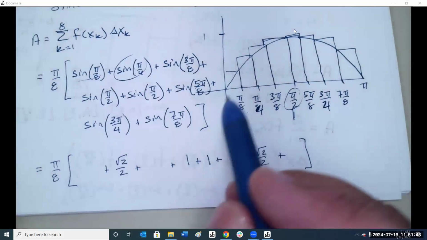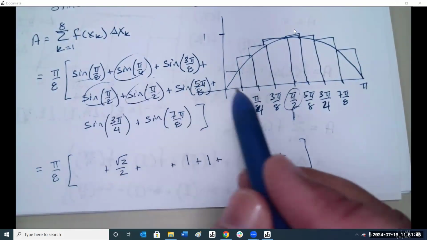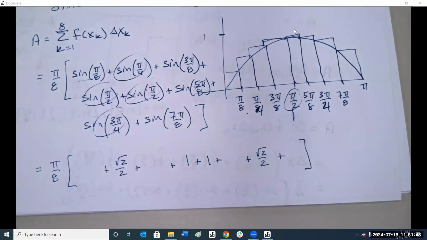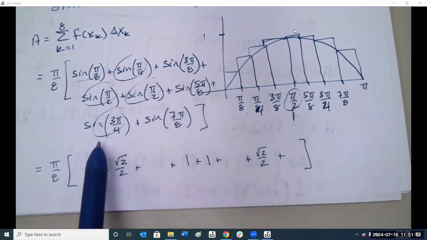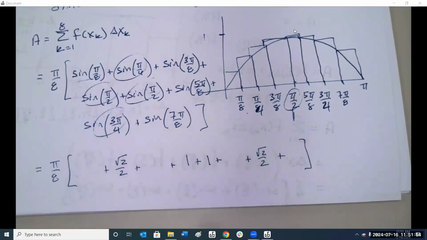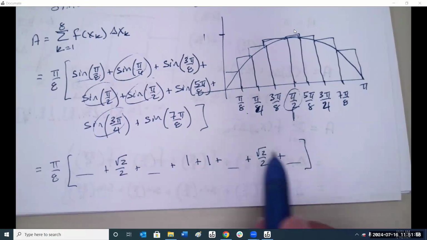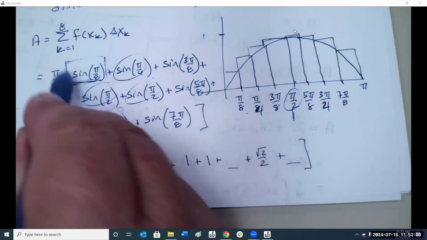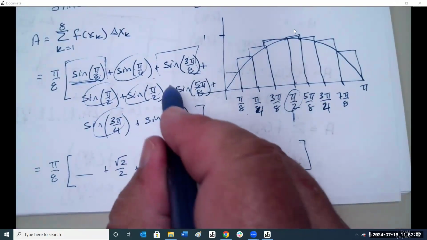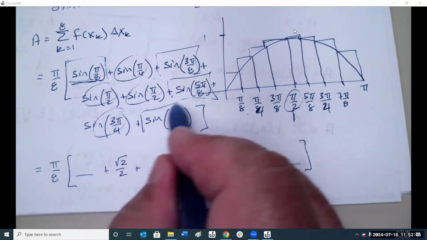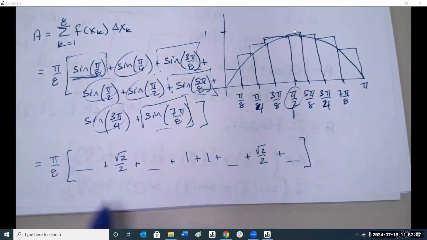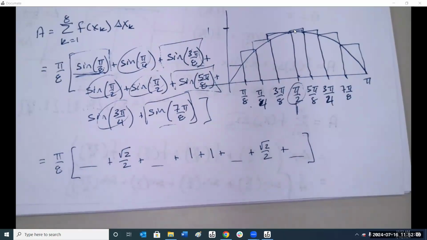So I just calculated the easy ones. So these other ones have to be calculated by calculator. These last four. But add them up, divided by 8, times pi, and that's it.